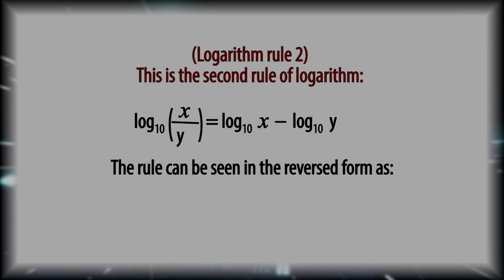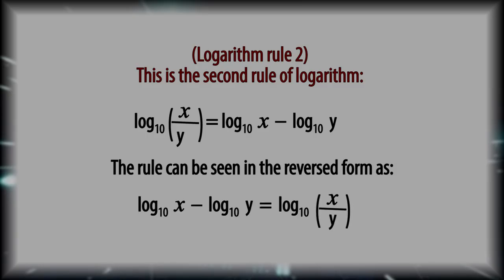So we can say log base 10 of x minus log base 10 of y is equal to log base 10 of x divided by y. Or we can say it the other way. Remember that for each of these laws, you can use it from the right-hand side to the left-hand side, or from the left-hand side to the right-hand side.